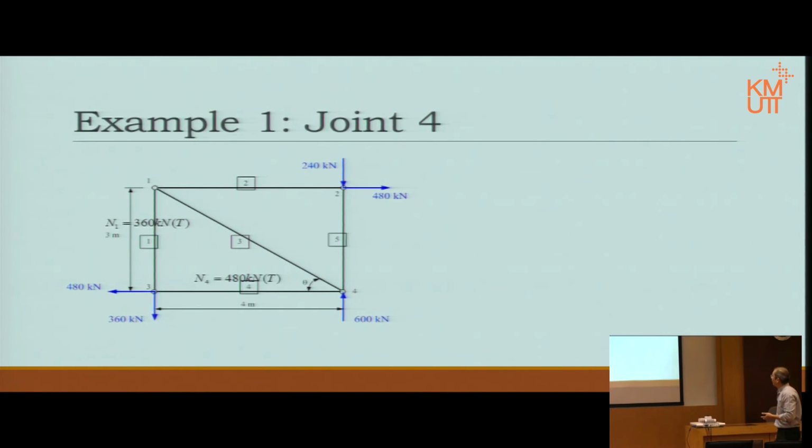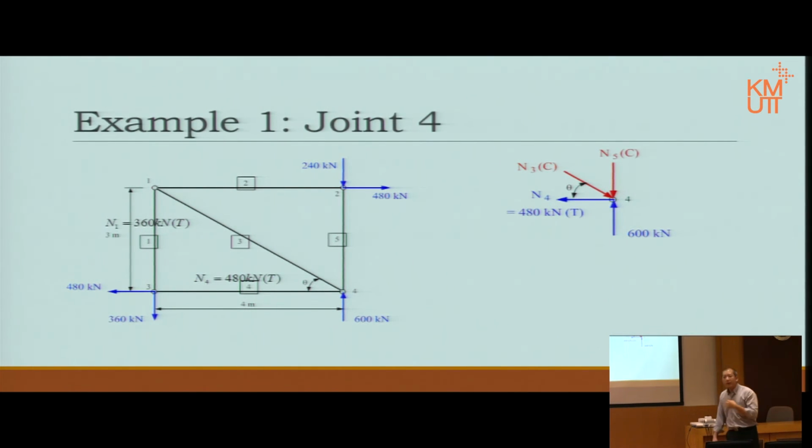So let's look at joint 4 then. At joint 4, we have one reaction, 600. So just draw it. N4 we already know, we calculated it last time, and I noted it down already. Tension going to the left. Now we have 2 more members to go. The first member I will draw here is N3. Because N3 is in this line and N5 is in that line, I know that N3 must resist N4.